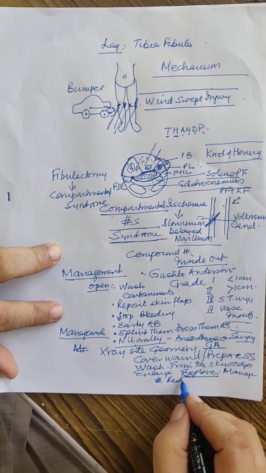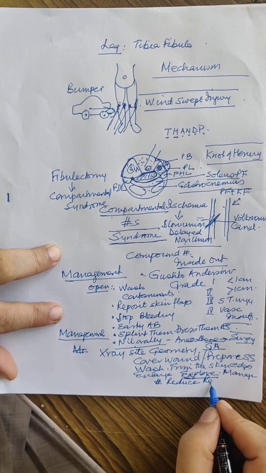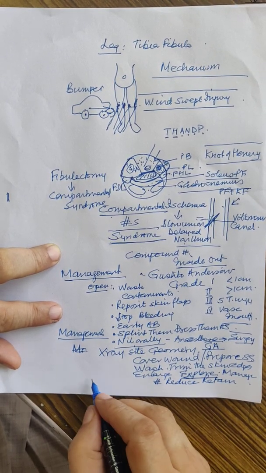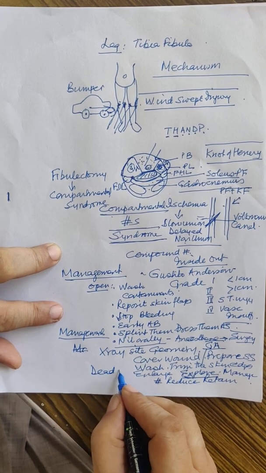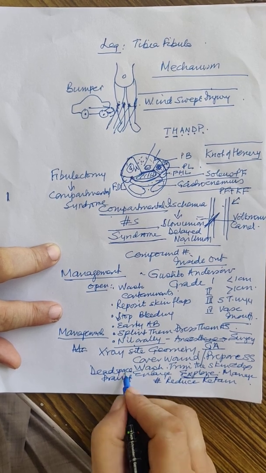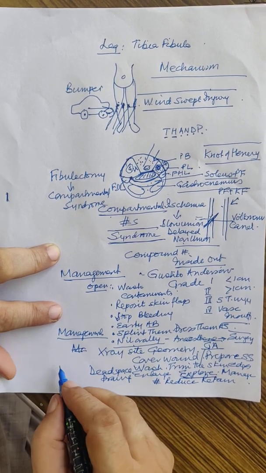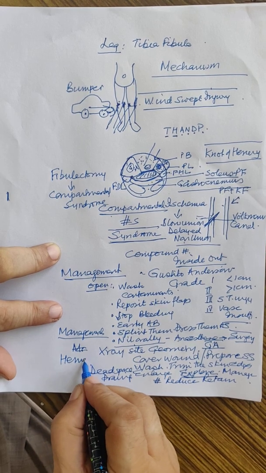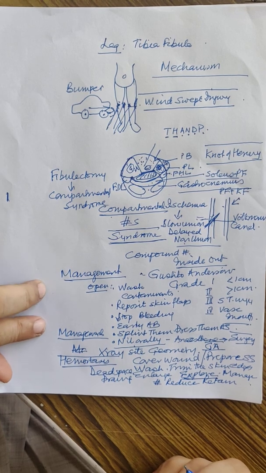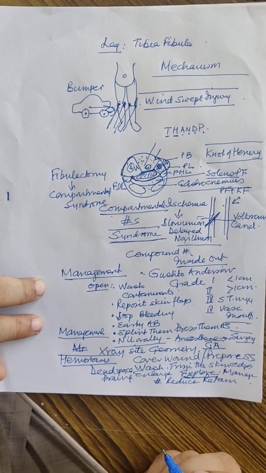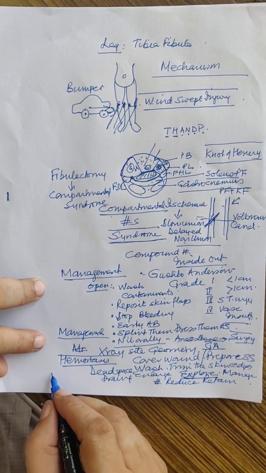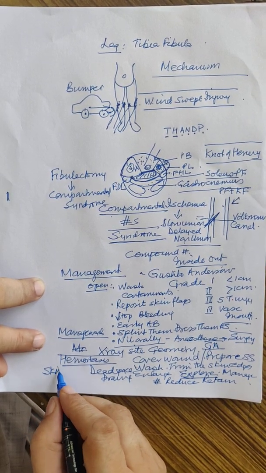That means you reduce and you retain, and you manage the dead space by draining it, ensuring that it drains. Then you manage hemostasis. You try to ensure that there is no collection of blood inside it. And finally you manage the skin cover.